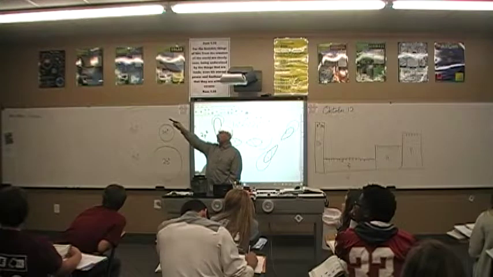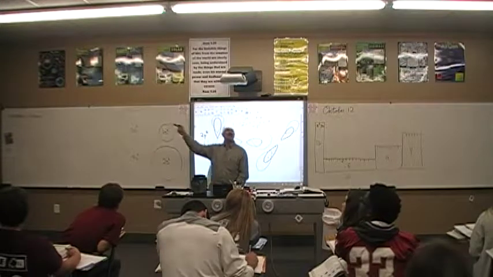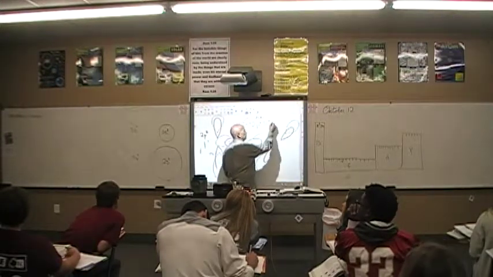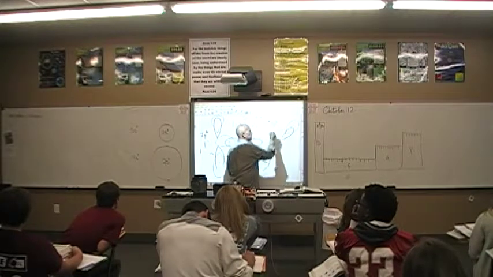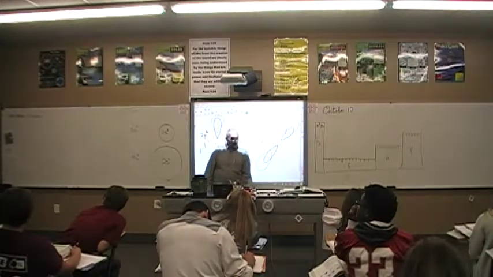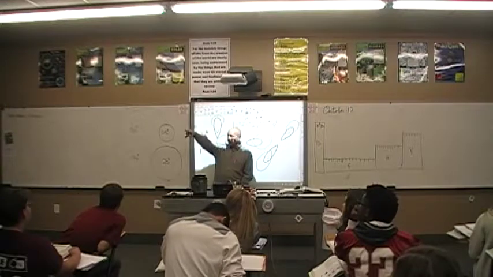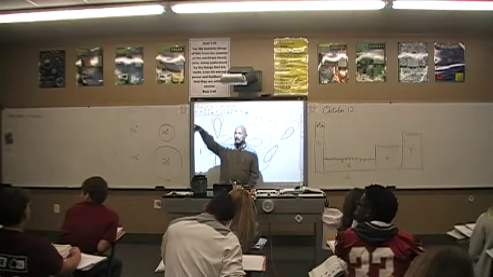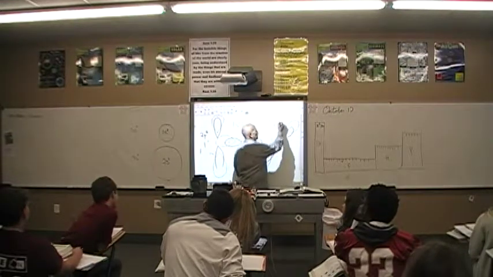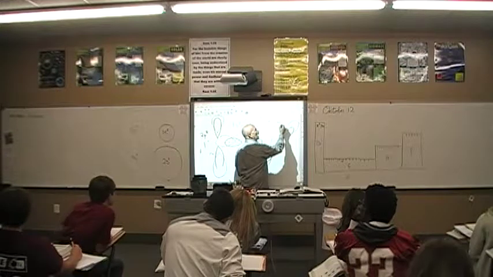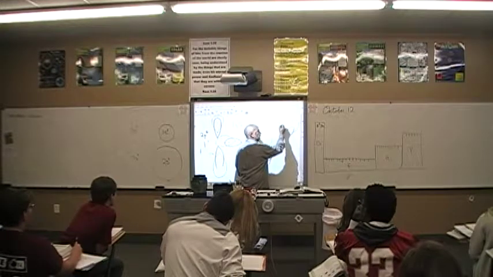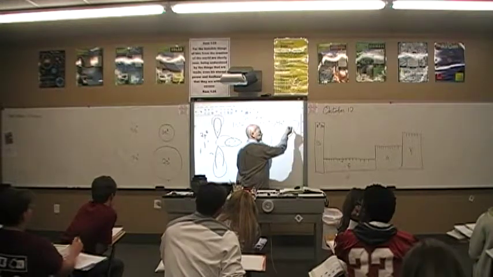Aluminum, silicon, phosphorus, sulfur, chlorine, argon. P block, 6 electrons. I'm still not at scandium yet, so we go down to the 4th row. Potassium and calcium. Energy level 4, S block, 2 electrons.